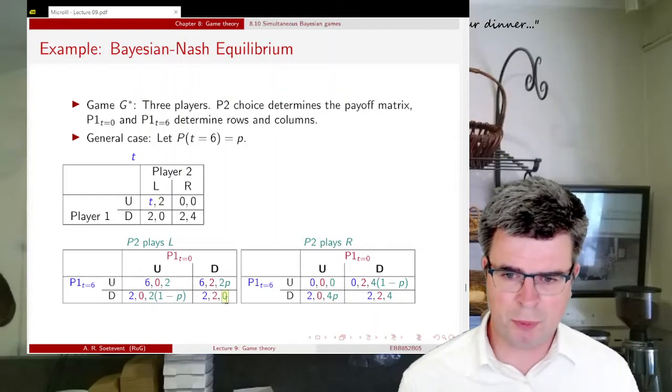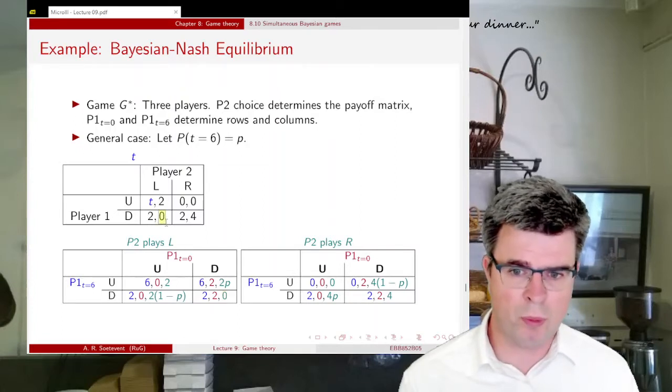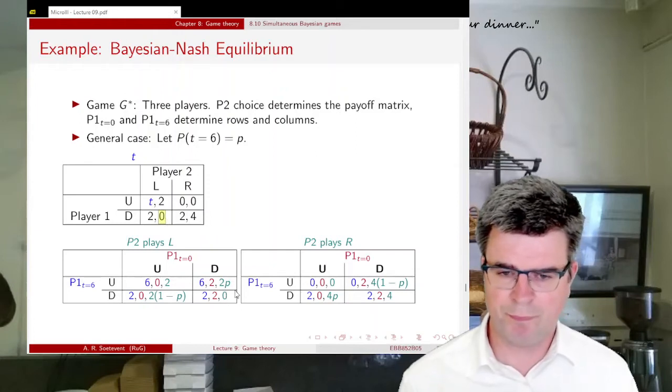Now, for example, this one is easy. If player 1 plays down always, either when he is of type T is 6 or type T is 0, then the payoff of player 2 of playing L will always be 0.